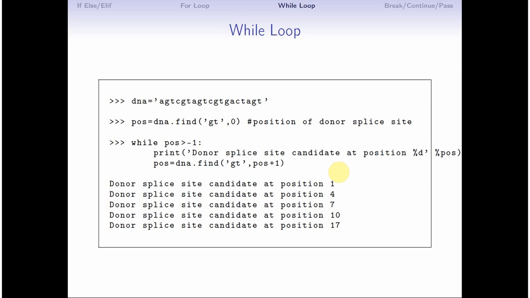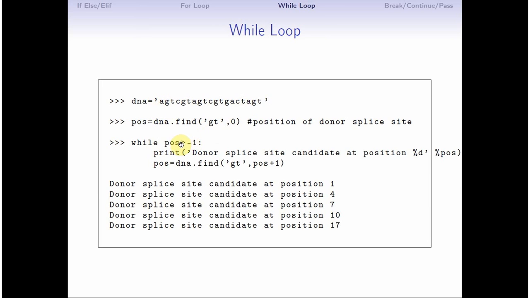So this is a DNA sequence. Position, POS, I use DNA.find GT, 0, which means from the starting position. You want to find this GT, the first occurrence. While position is greater than -1, actually I just want to say you want to go through the whole DNA sequence.